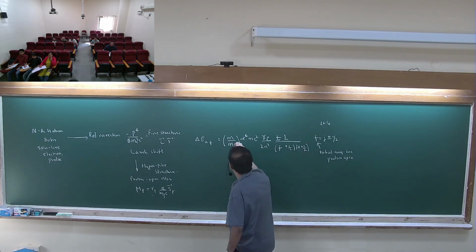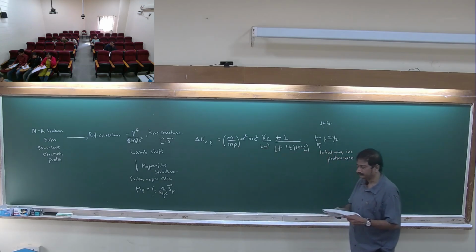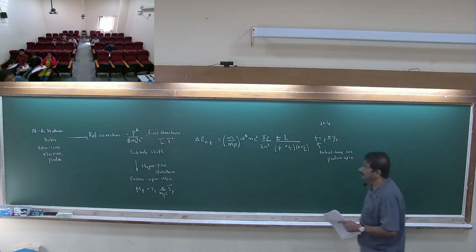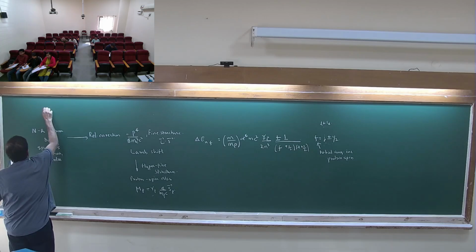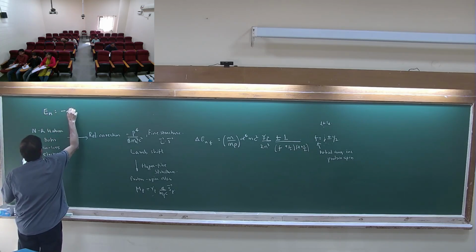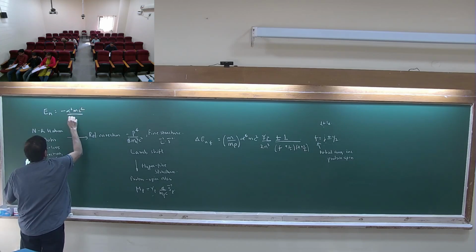Yeah, m_p, sorry. And the Balmer formula, we all know, is E_n equals minus alpha squared m c squared by 2n squared.